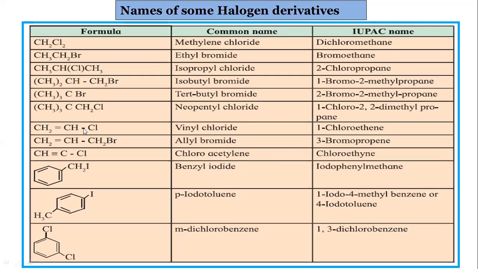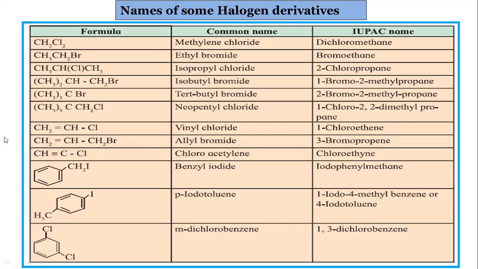In the IUPAC name of alkenes, we give the number to the double bonded carbon. So it will be carbon number 1 and carbon number 2, giving 1-chloroethene. Why ethene? Because a carbon-carbon double bond is there.